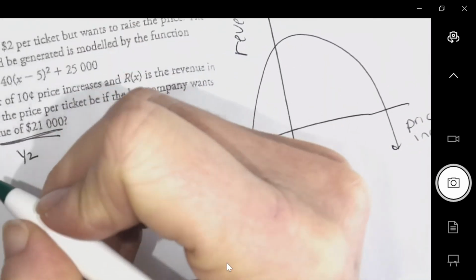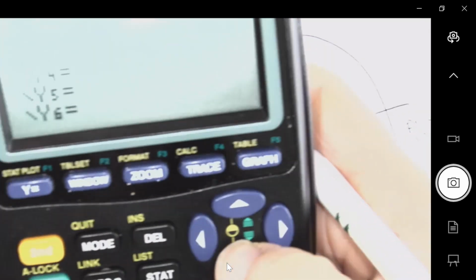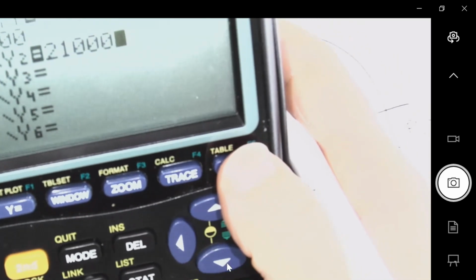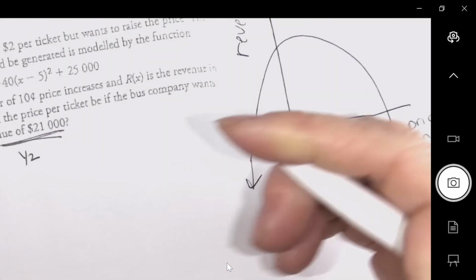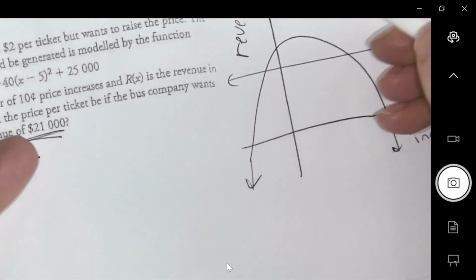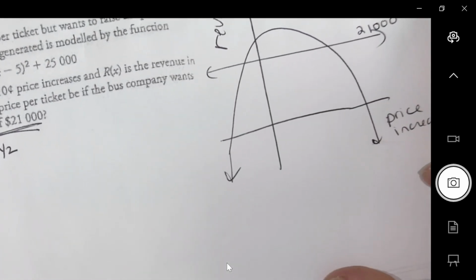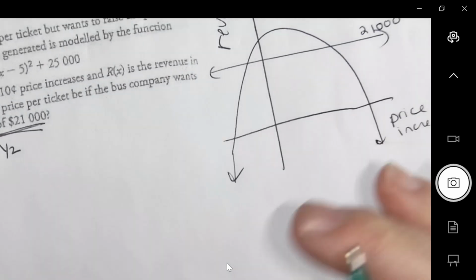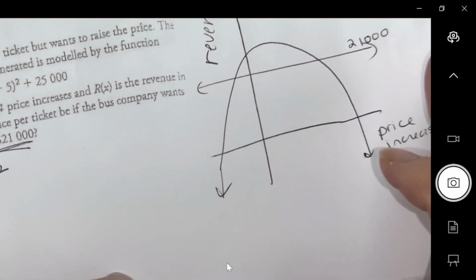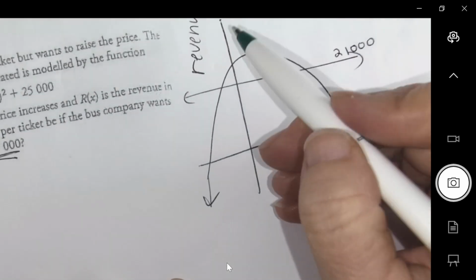You need a Y2 line, right? Because that's a Y, and you're trying to figure out when are we going to get there. So Y2. I'm going to talk to you about price increases.